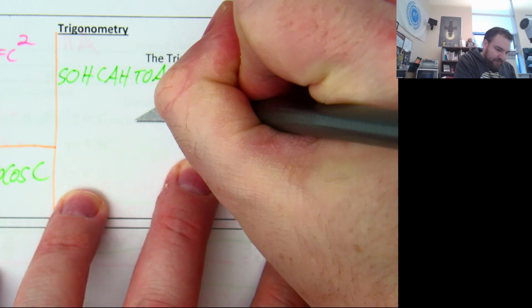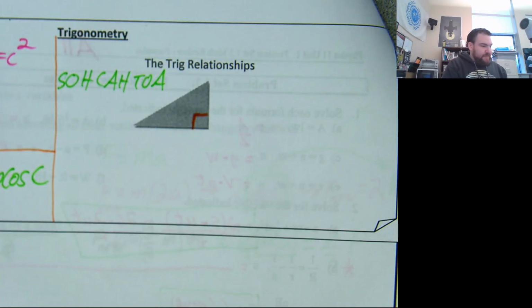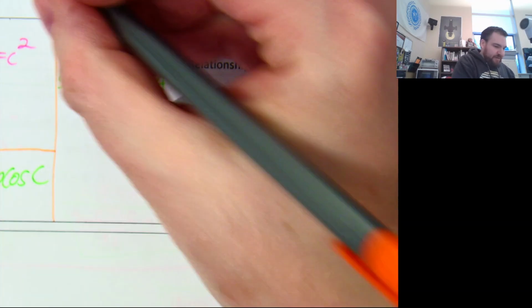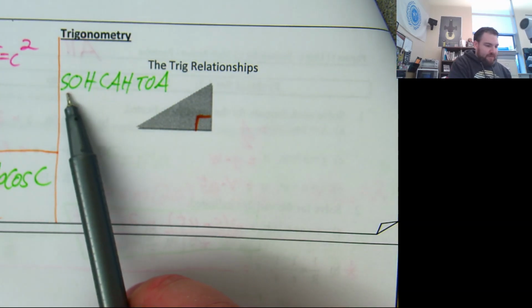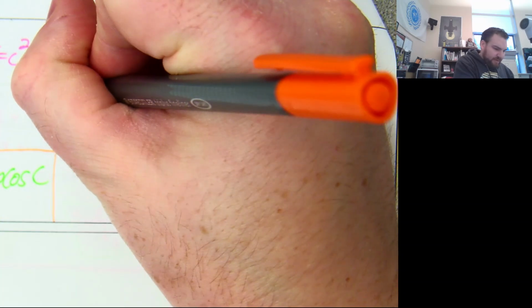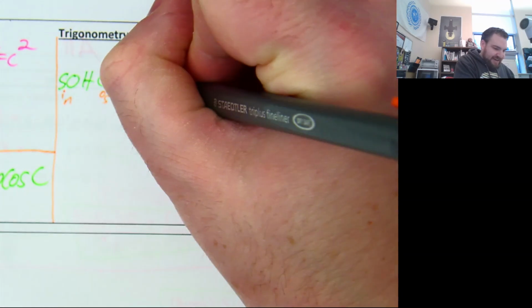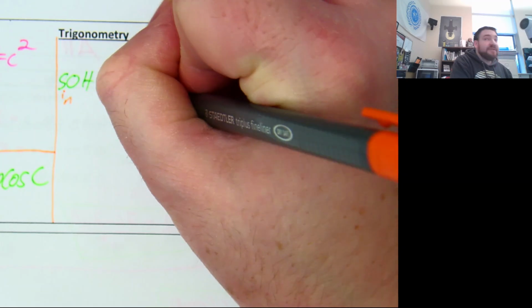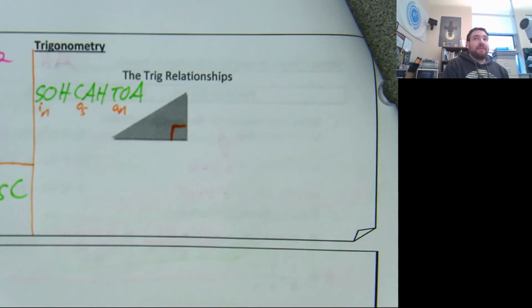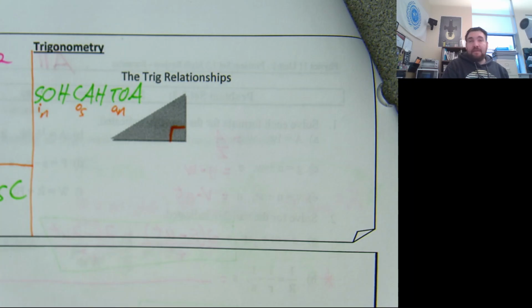That's our right angle. SOH uses sine, CAH uses cosine, and TOA uses tangent. This is meant to be a review. So if this is the first time any of you are seeing this, please come tell me after.